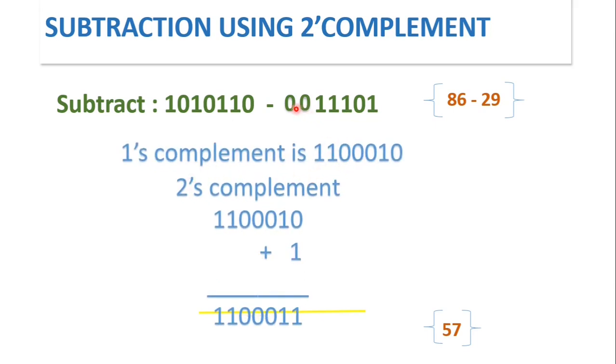The 1's complement is: this 0 replaced by 1, this 0 with 1, all these 1's with zeros, this 0 with 1, and this 1 with 0. To get the 2's complement we add 1 to it. So 0 plus 1 is 1, and all the other bits are written as they are. So the 2's complement is 1 1 0 0 1 1.